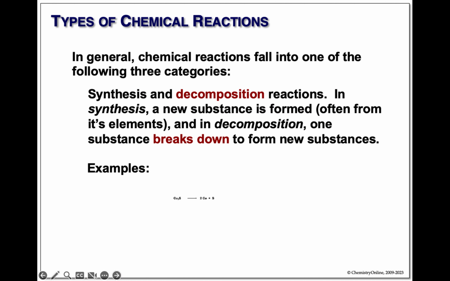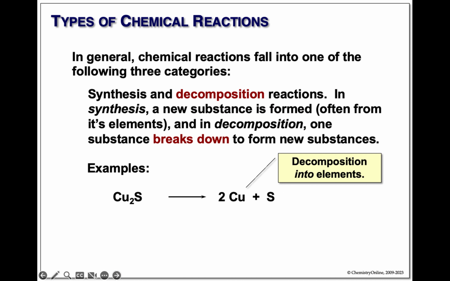Decomposition. Simply synthesis backwards. This is copper(I) sulfide. If you take copper(I) sulfide and heat it up, by George, you get copper metal and sulfur. Since you're heating it, the sulfur usually burns, goes away, and you're left just with copper. In Europe, this ushered in the Bronze Age, because now you could very easily make metal out of rock.